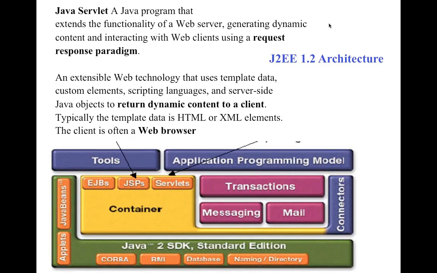So, what is a servlet? A Java program that extends the functionality. You guys know Java programs already, right? You can write a class, you can write a main method, and you know what a class is, what an object is, and all that. With that context in mind, it is also a similar Java program that extends the functionality of a web server.